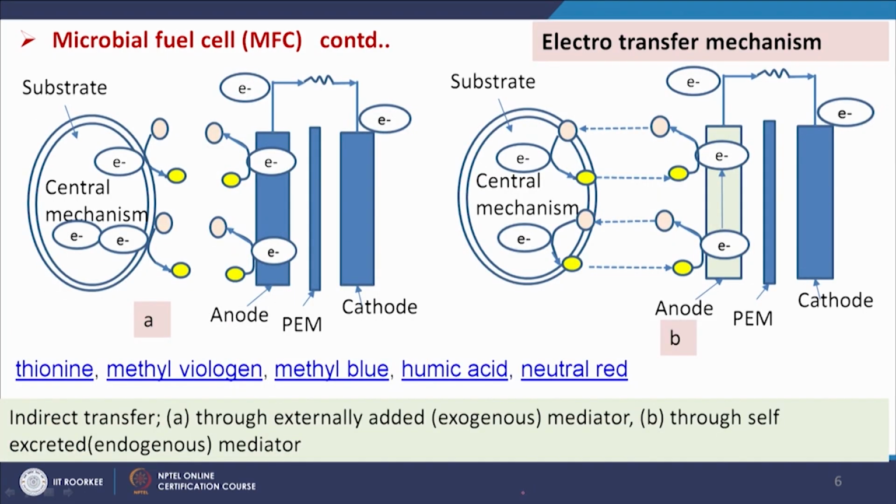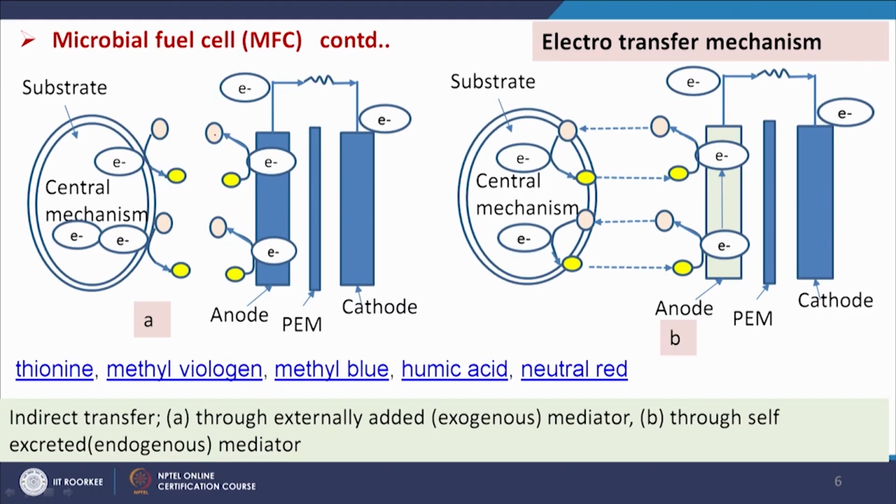So, there are basically two types of electron transfer mechanism in the anodic chamber. One is indirect transfer, where the electron generated by the microbial cells, which are working on the organic substance, is carried from the bulk of the solution to the surface of the electrode, that is the anode, by some mediator.